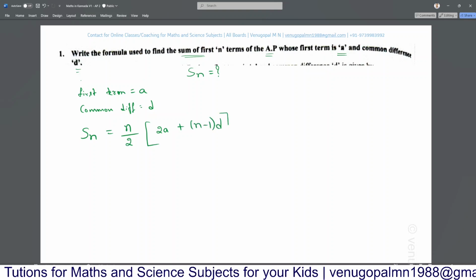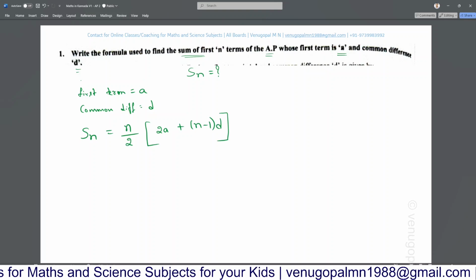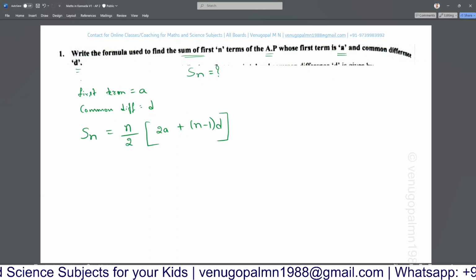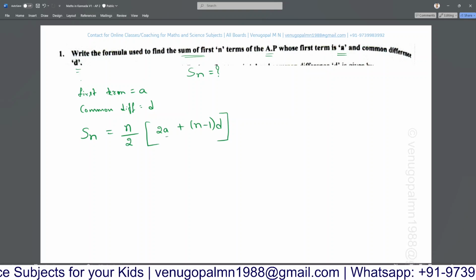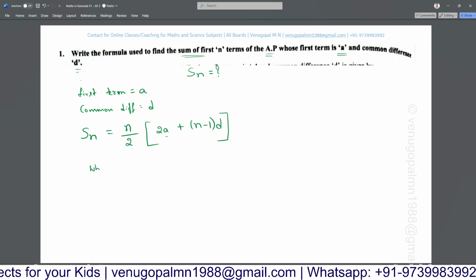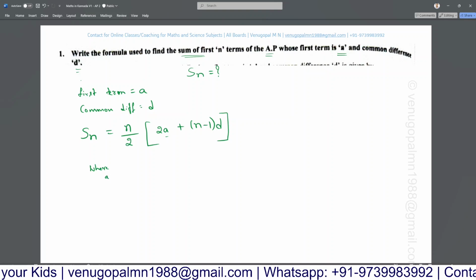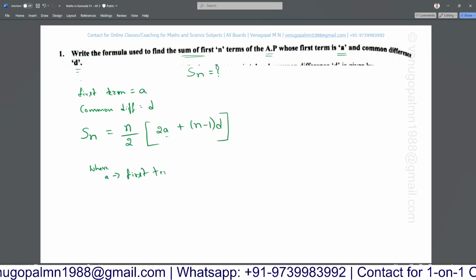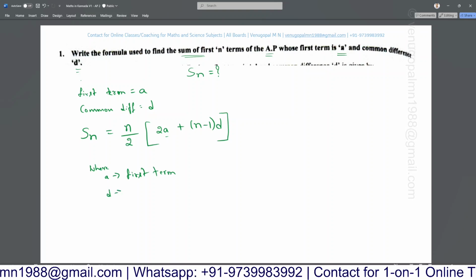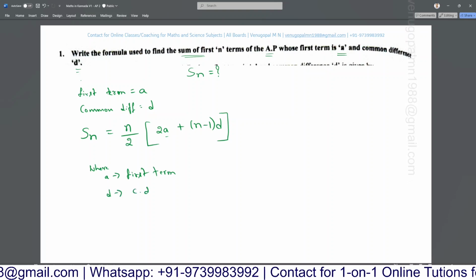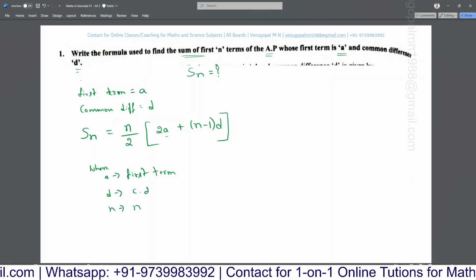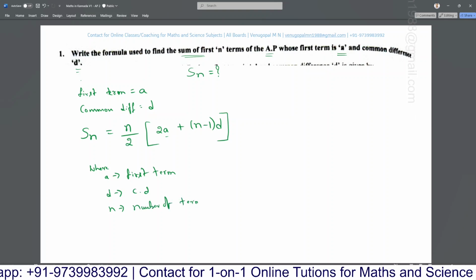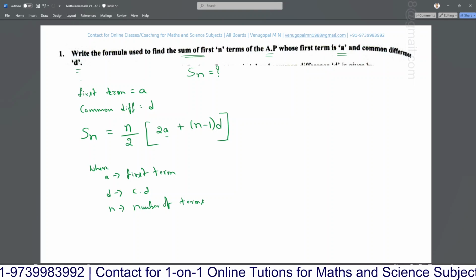When you write this formula, you can say the formula to find the sum of first n terms is equal to this, where a is the first term, d is the common difference, and n is the number of terms. Got it, guys? Very simple.